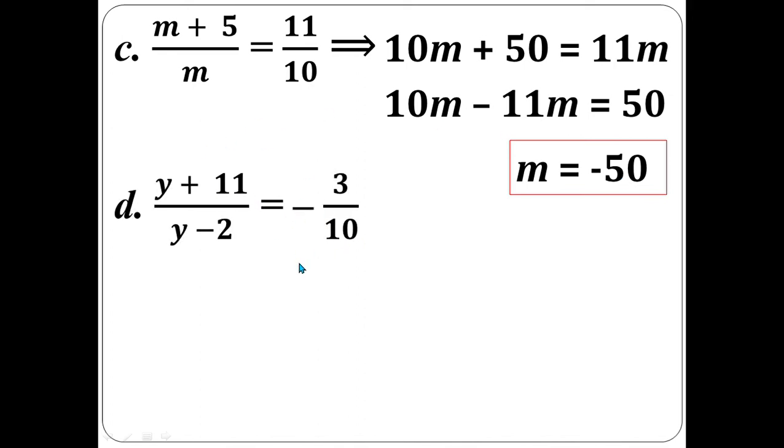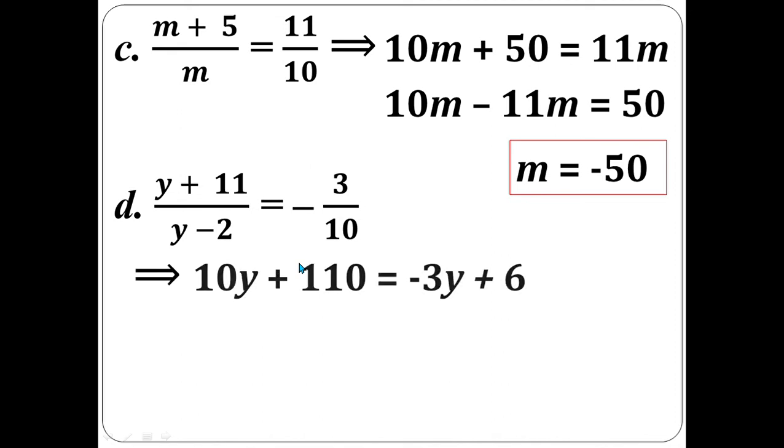And again, we have a last example. Cross multiplication method again. y times 10 is 10y plus 11 times 10 is 110 equals y times negative 3 is negative 3y minus negative 2 times negative 3 is positive 6. Combine similar terms. 10y plus 3y is equal to 6 minus 110.